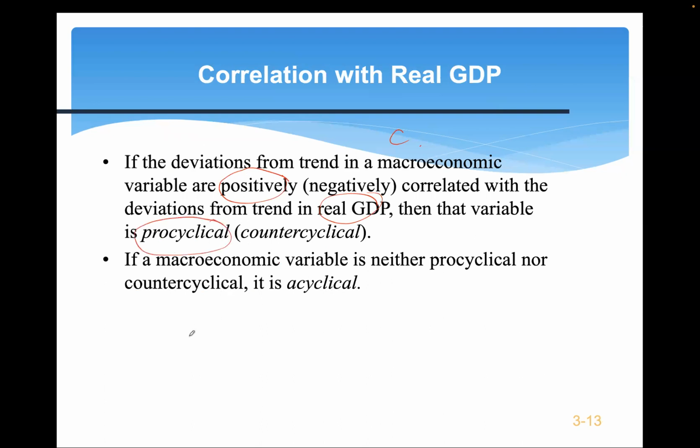To be precise, if real GDP is above trend, is growing, and one variable, say X, is also increasing, or positively correlated with real GDP, then we say this is pro-cyclical, meaning I'm going to move together with you along the business cycle.